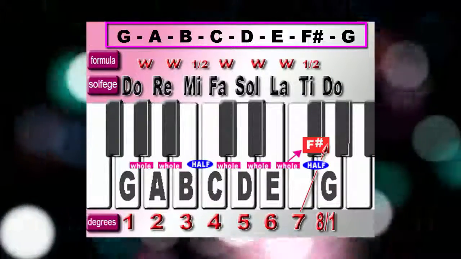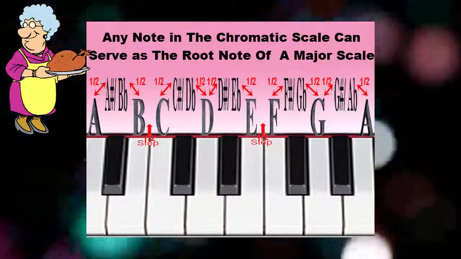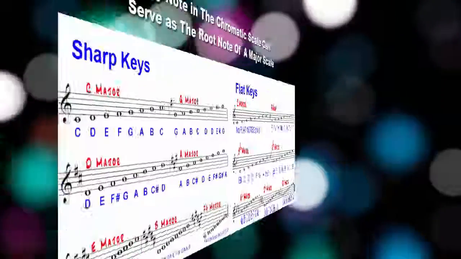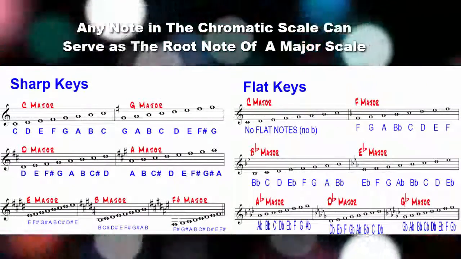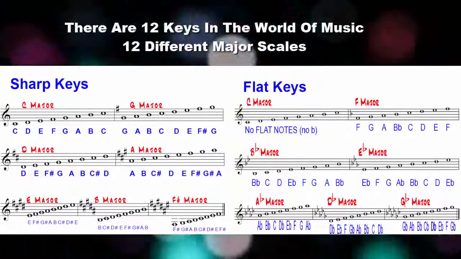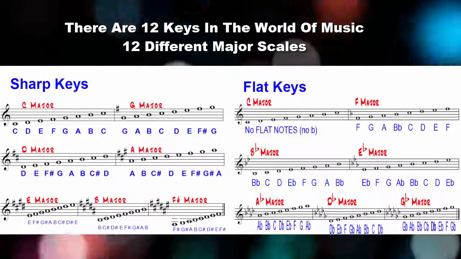Any of the 12 possible notes in the chromatic scale can serve as the root note of a major scale, and therefore there are 12 possible major scales in the world of modern music. Another word for a scale is a key. That's why you will hear people say there are 12 keys in the world of music, 12 separate and distinct possible major scales.